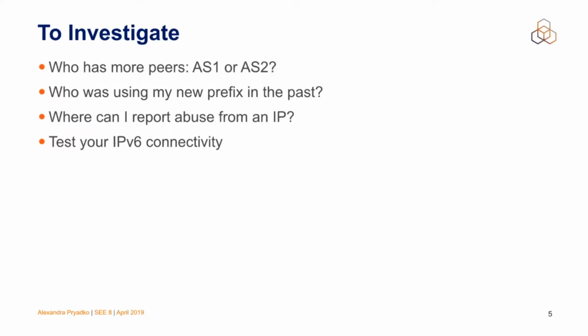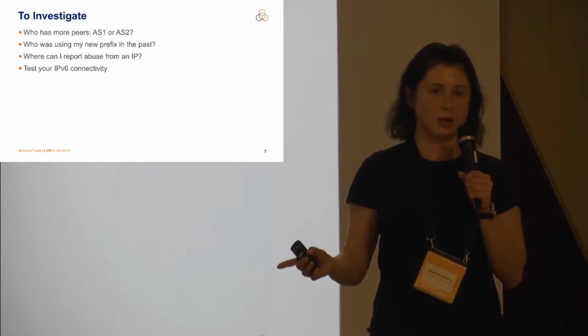And then, to investigate. Let's say you are expecting a transfer of IPv4 addresses. You might want to know if somebody else was announcing this prefix before you. Or if you want to sign a contract with somebody, you want to know which peer is better, this one or that one.